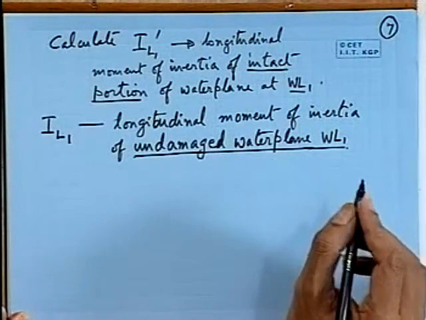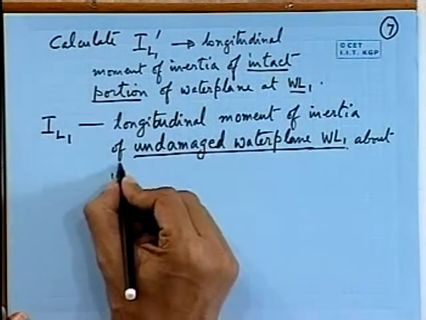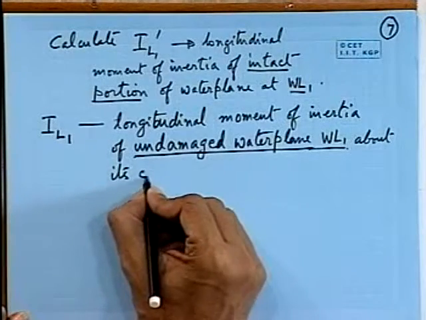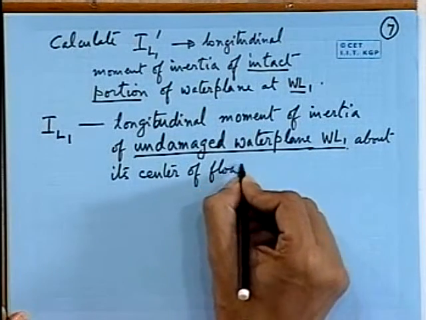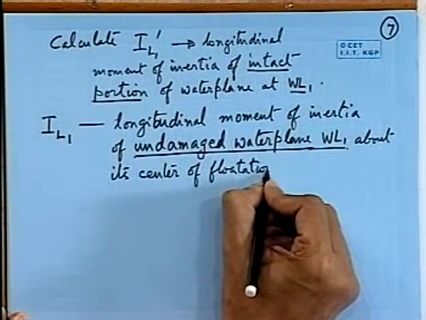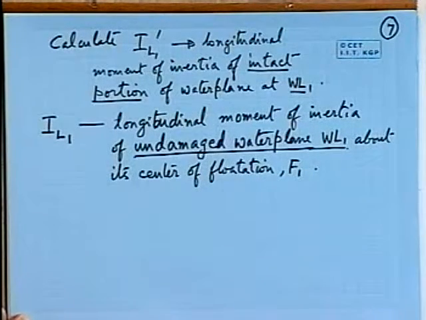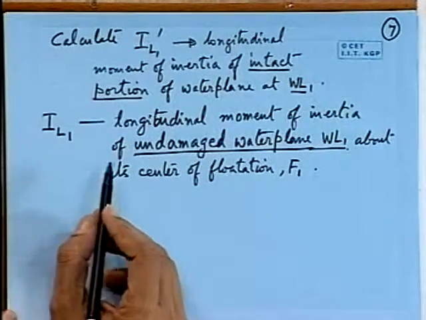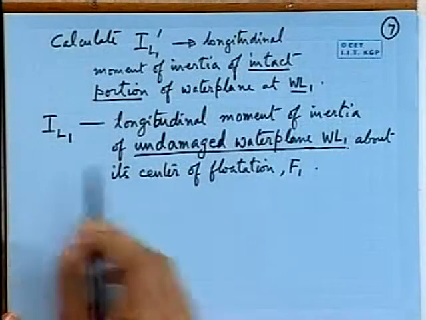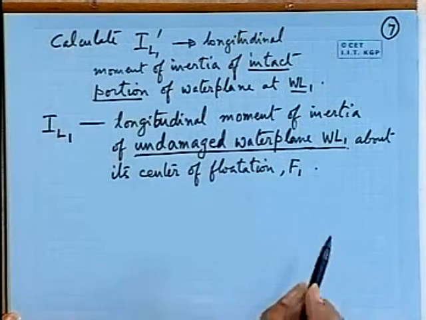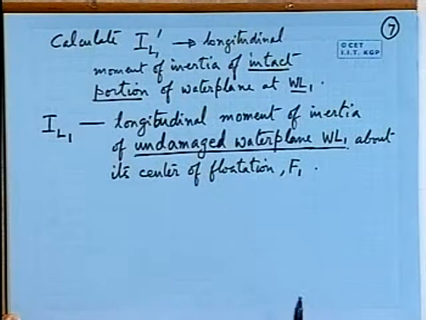Now all this is calculated about its center of flotation. Whenever the hydrostatics is done and moments of inertia IL1 are calculated, it is always about the center of flotation, or the CG of the water plane area. It is never calculated about midship.